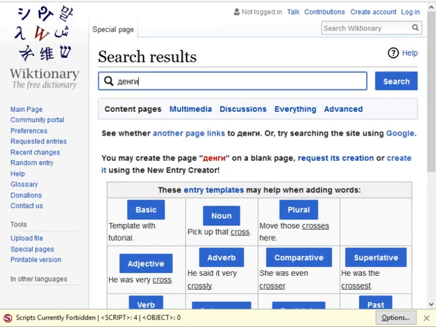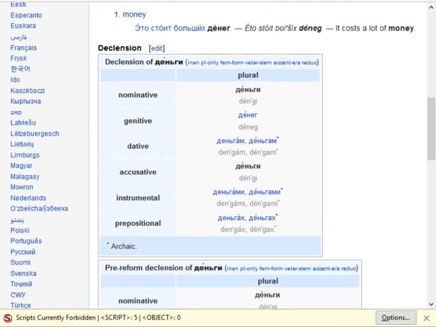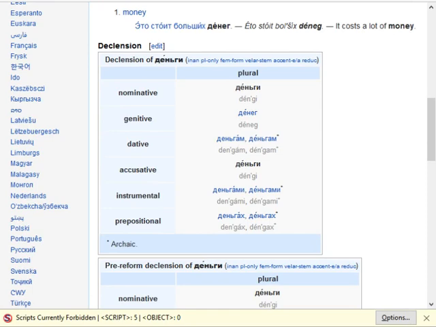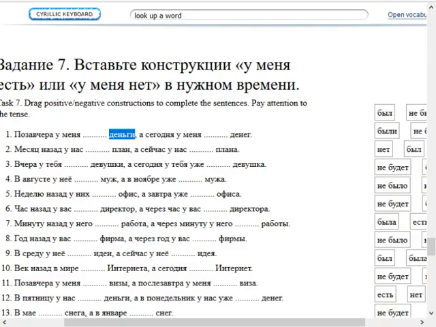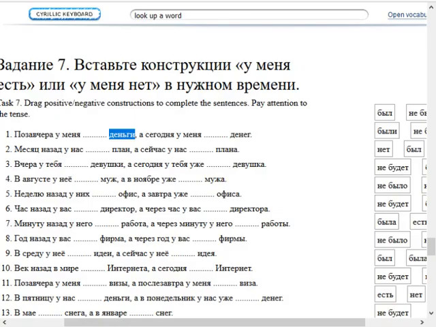Oh, it's probably деньги with the soft sign. There we go. That's what I was missing. So деньги, and then you can see up here plural. It only exists in a plural form. It has no singular form. So if you say у меня, then you would say у меня деньги.